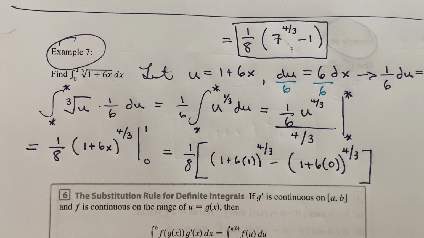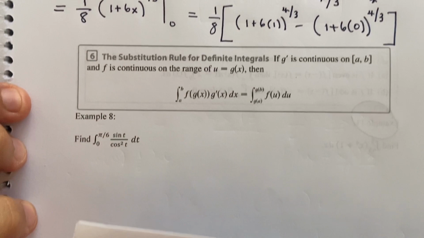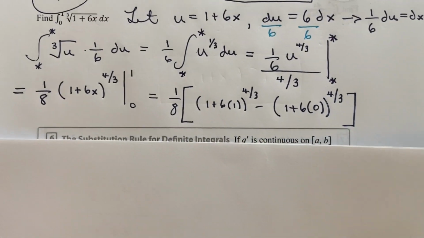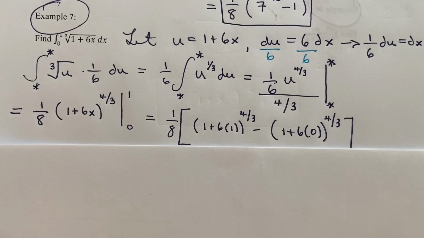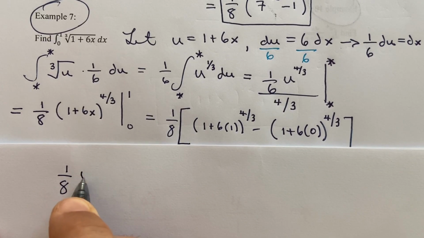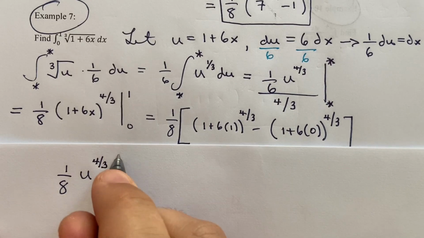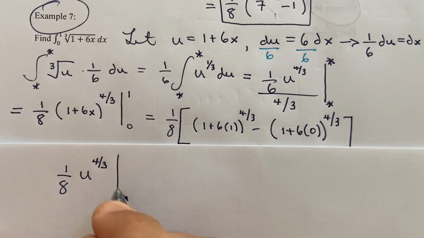Another way that I could have done that problem, and maybe this will be what I actually do. So I'm going to introduce this other idea. So let's say I was right here again. So right at this stage, where I have 1/8, and then I would have had u to the 4/3, and then evaluated from star to star.